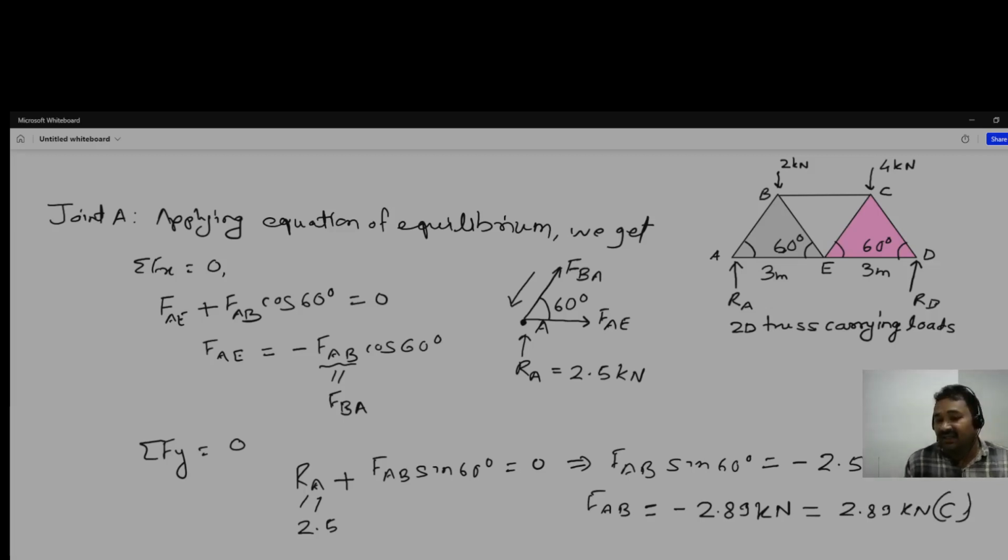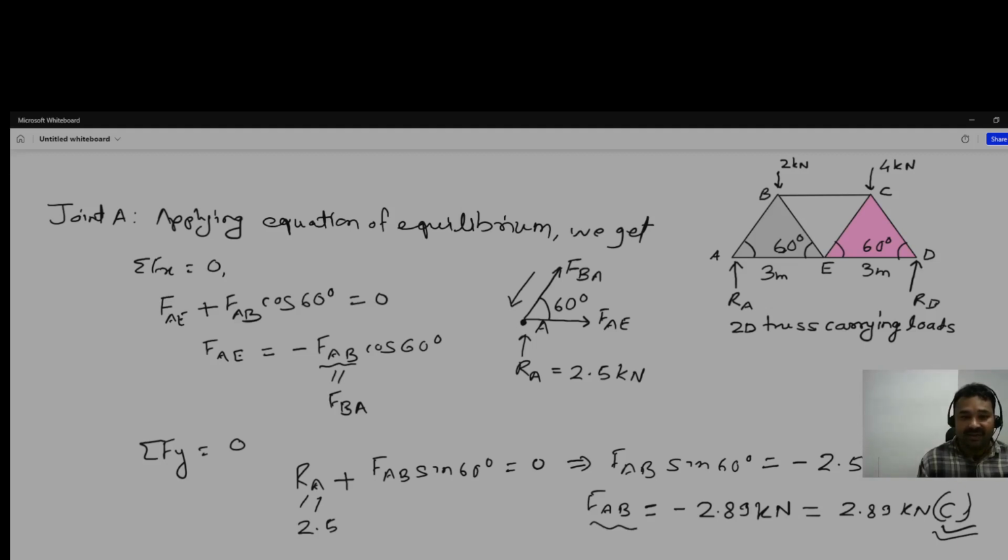So either write the sign convention minus, or if you want to remove, then in bracket we need to write C, compressive.